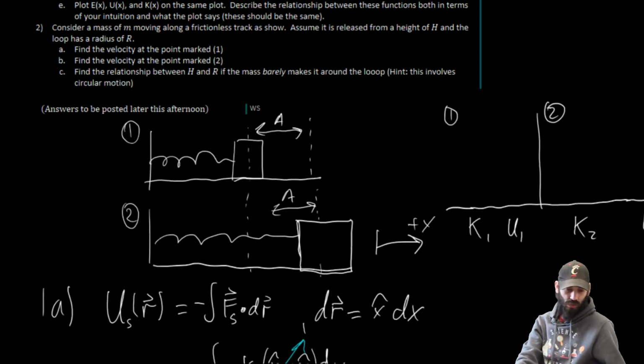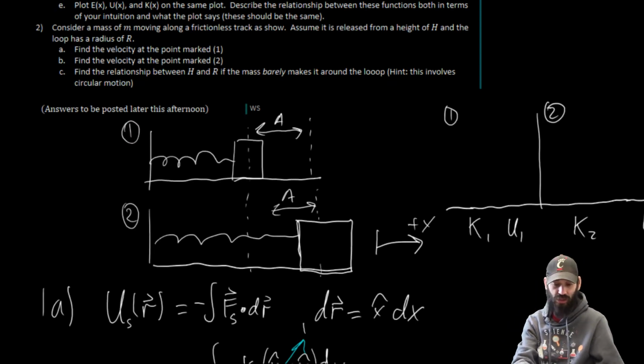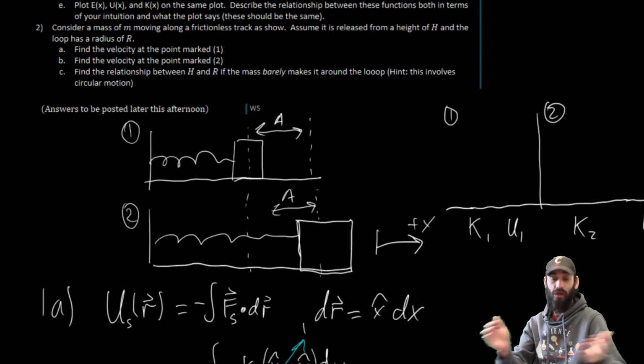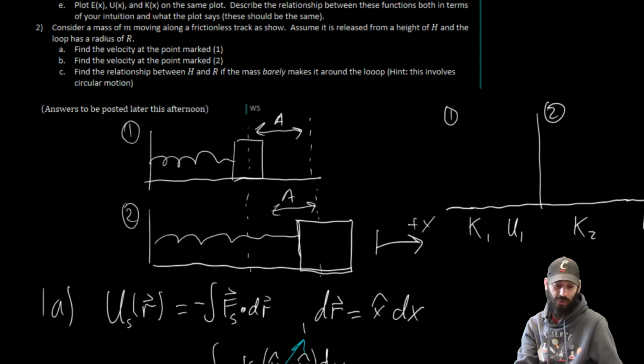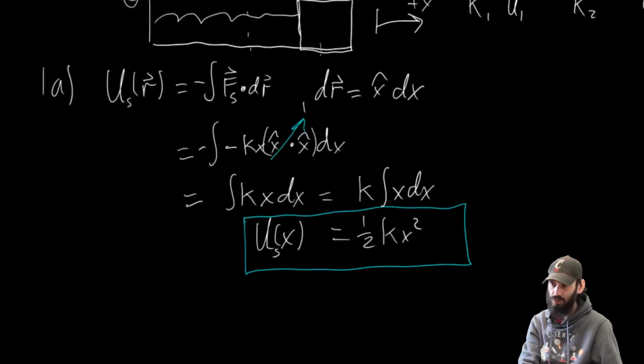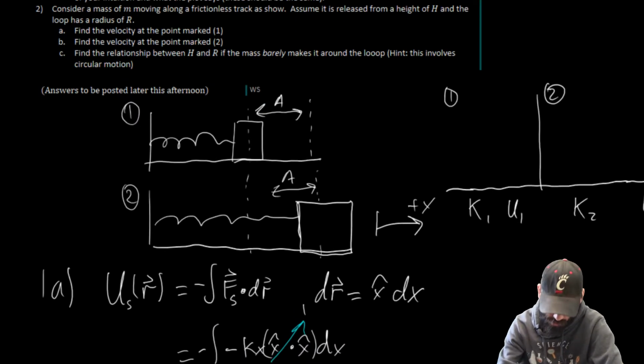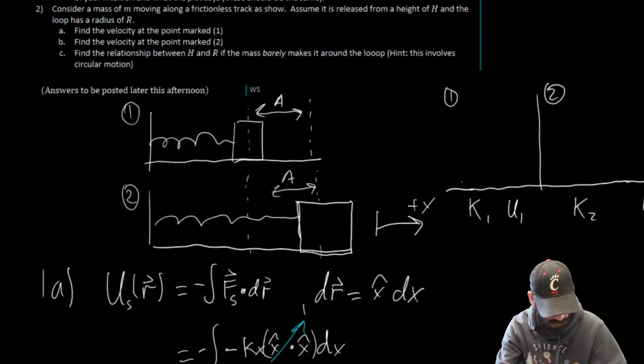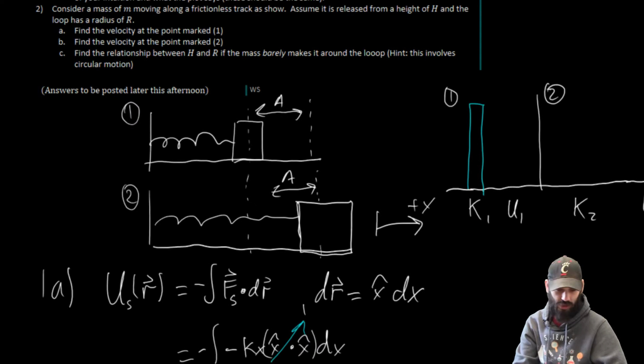Now, in state 1, it's moving, right? And it's also at its equilibrium position. Looking at our function for the spring potential energy, if x is 0, potential energy is 0. And so that says that all of our energy is going to be in the form of kinetic energy. Okay? So we have all kinetic energy.